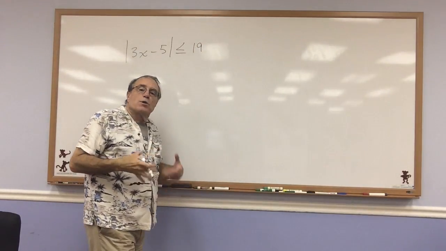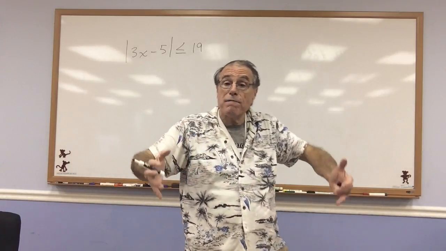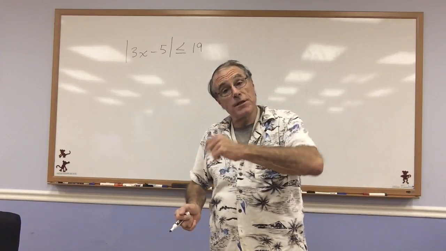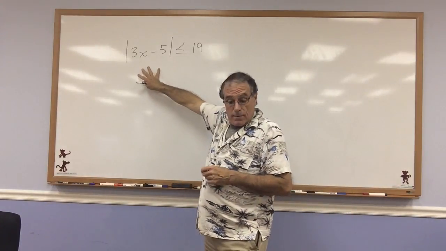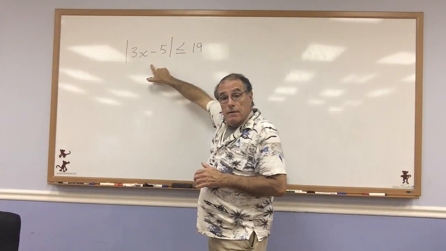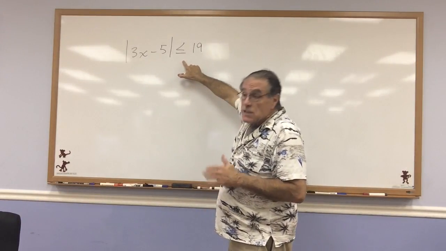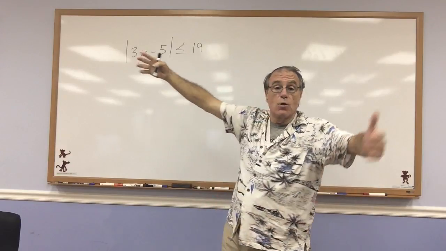All right, so remember, absolute value tells us how far a number is from 0. So this says this is a number, 3x minus 5. This number is no more than 19 units away from 0.